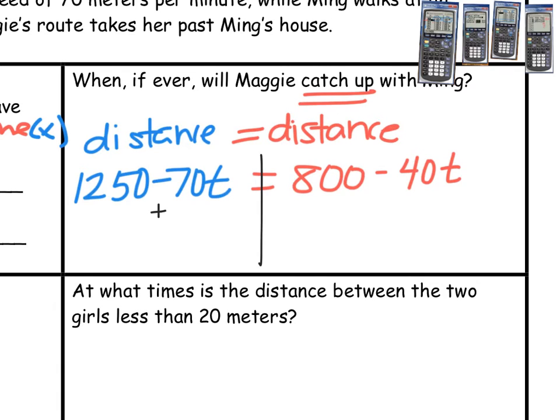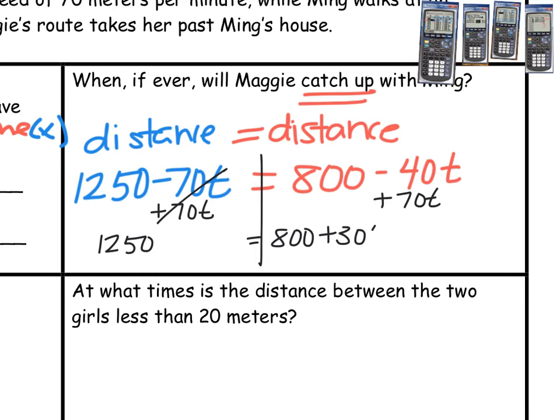I'm going to add 70t to each side. That's going to give me 1250 equals 800 plus 30t. Subtract 800.